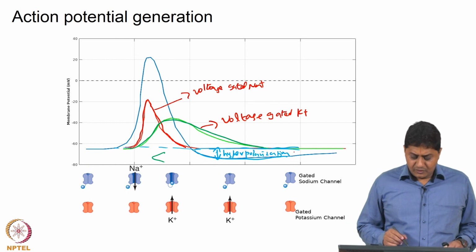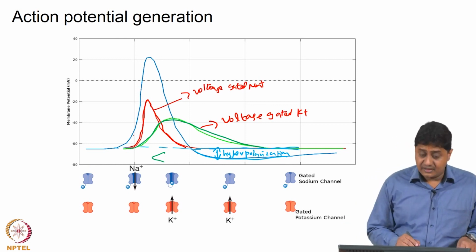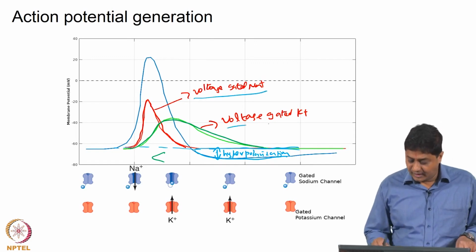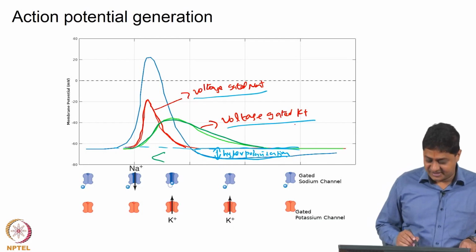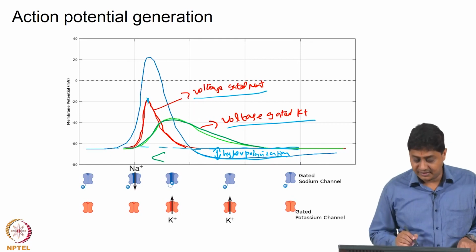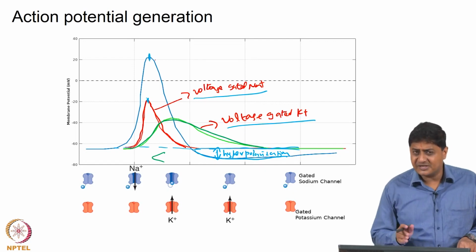Note this means that depending on the changes in conductance of the voltage gated channels, you can describe the action potential curve itself. So, this is the peak of the conductance curve for the voltage gated sodium channel, and the peak of the action potential is approximately at the same time.